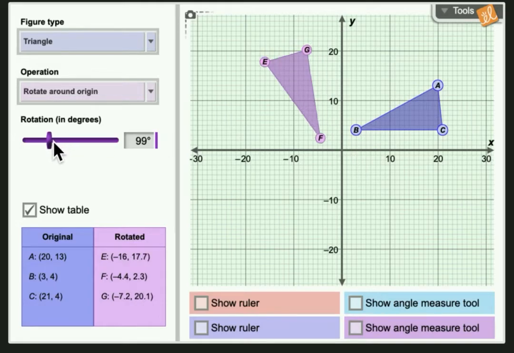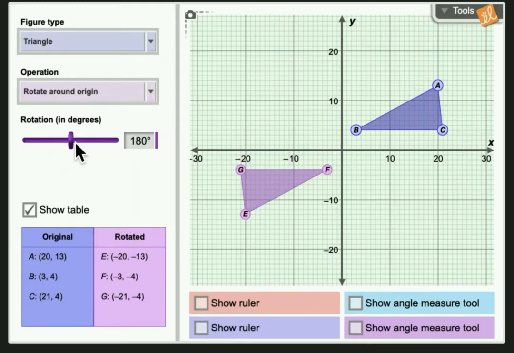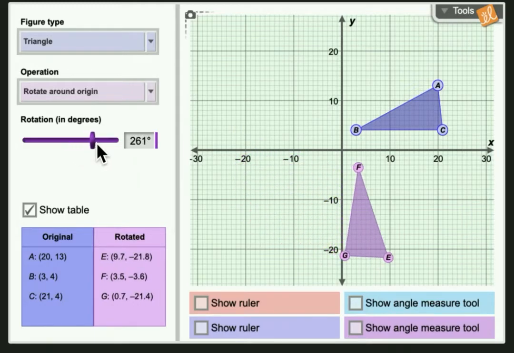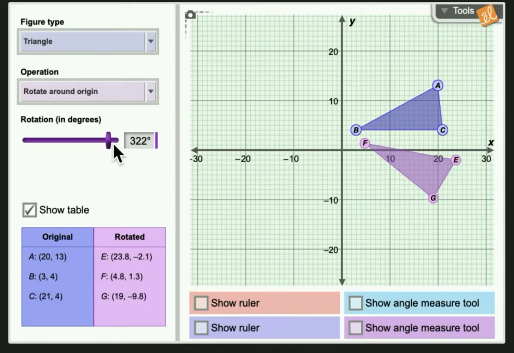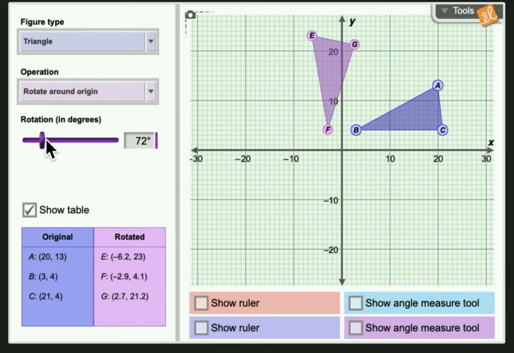We could rotate it 180 degrees all the way around. We could rotate it 270, and think to yourself, what is going to happen when we rotate it 360 degrees? 360 degrees takes it right back to where we started. So rotation is spinning all the way around the origin.